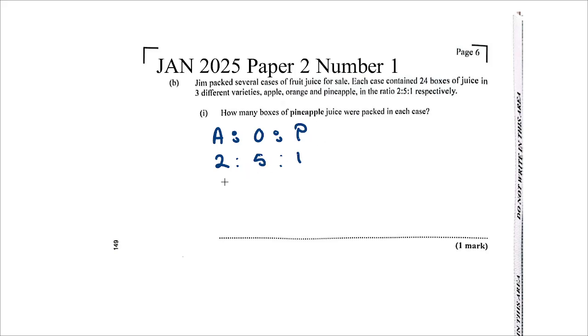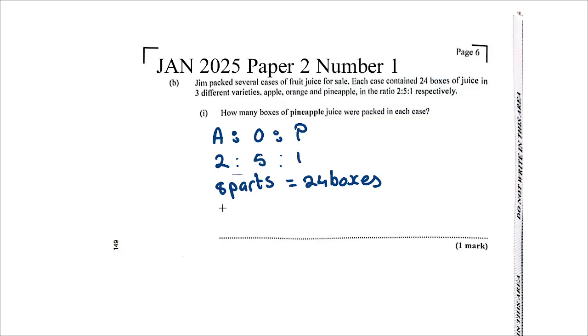So let's find the total number of parts in a box. 2, 5, and 1 is 8 parts, and 8 parts is equal to 24 boxes.